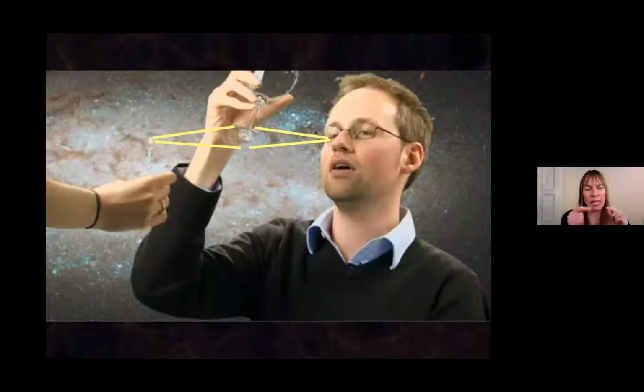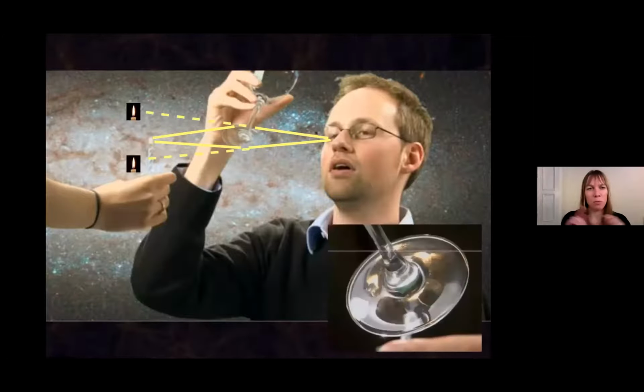And so when he looks at the candle through the base of the wine glass, he doesn't see a single candle, he sees multiple images. So the base of the wine glass is lensing the light of the candle, that's changing or distorting the image that he observes.